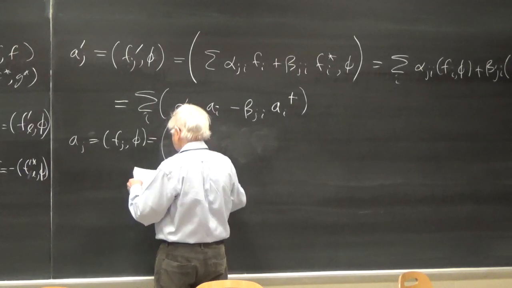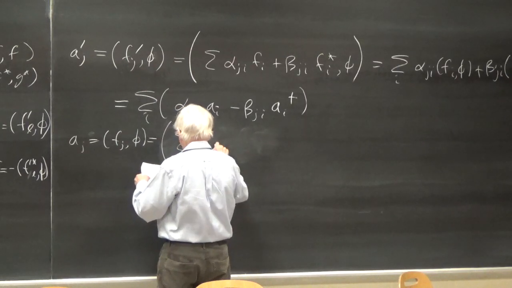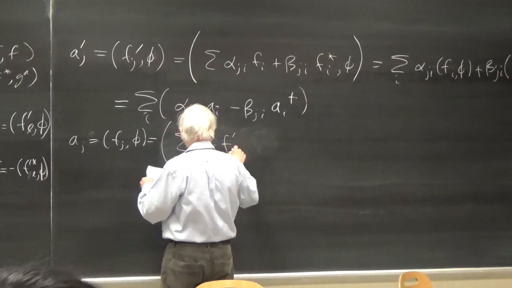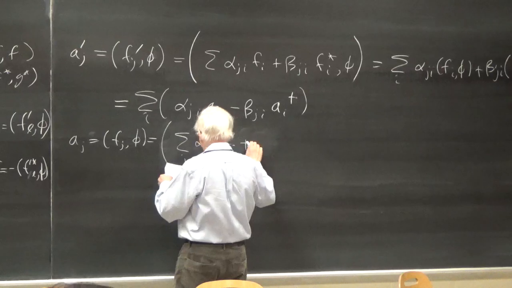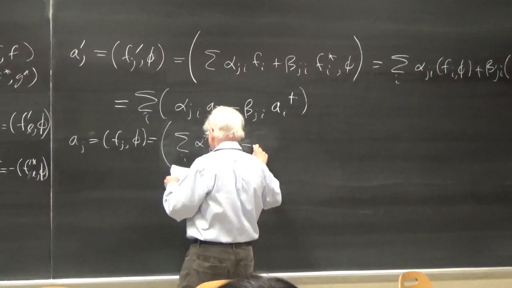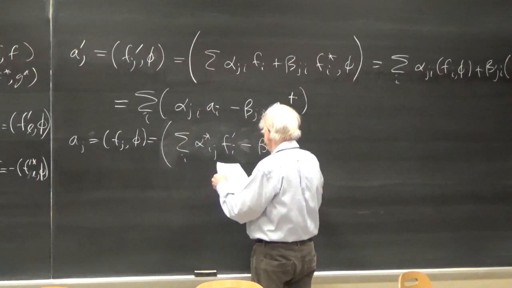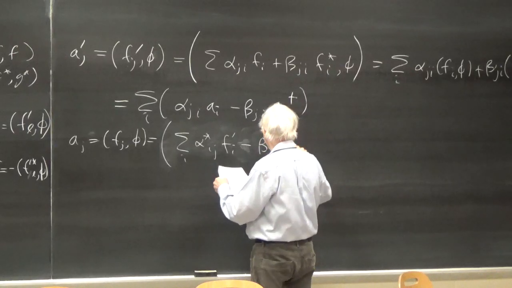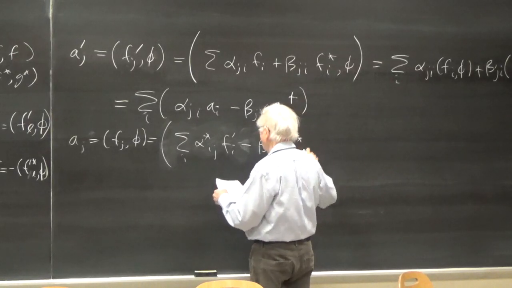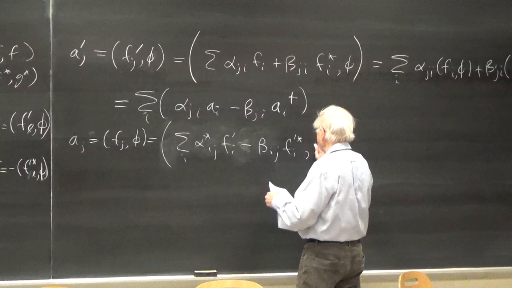So that's alpha star ij f prime i minus beta ij f prime i star. It's all of that with phi.